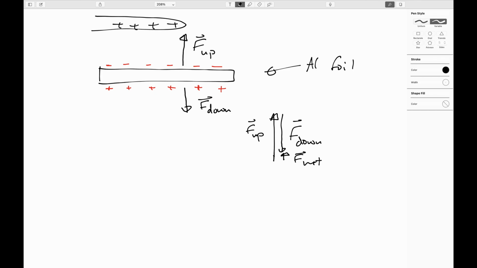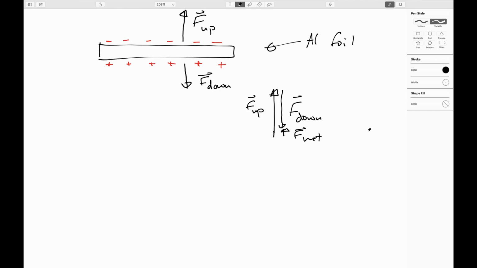And it turns out that this effect, although I showed it here with the neutral conductor, is what was happening with your paper bits in the previous video. So let's say now this is a piece of paper.